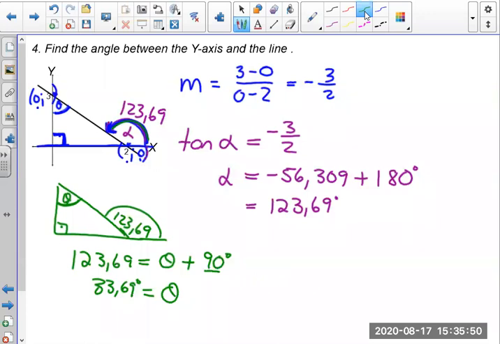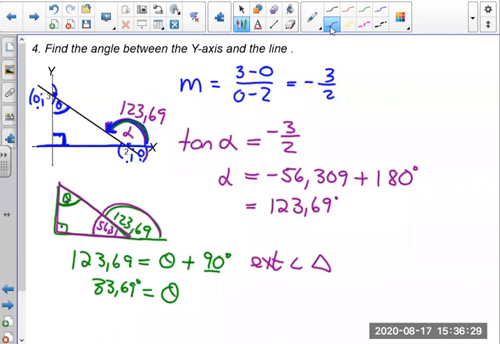Or you can say, okay, I can work with angles on a straight line if I don't want to work with the exterior angle of a triangle. This angle here, angles on a straight line, will give me 56,31. And then I can work with the sum of the interior angles of a triangle. So 90 plus theta plus this one, 56,31, must give me 180 degrees.